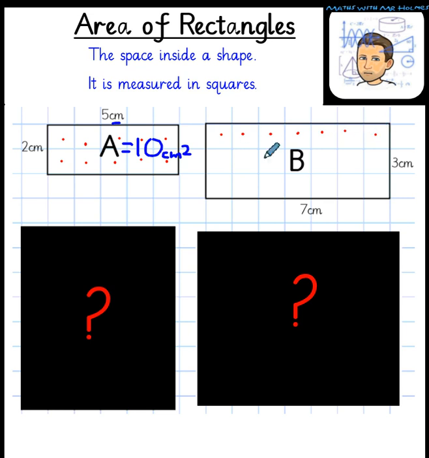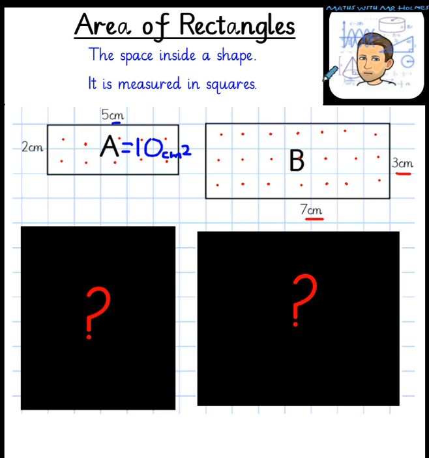So we know there's 7 here, and then we've got another 7 here, and then we've got another 7 here. Or in other words, 7 3 times. 7 multiplied by 3. So if you have a look, we could use our times tables to help us. So 7 threes.